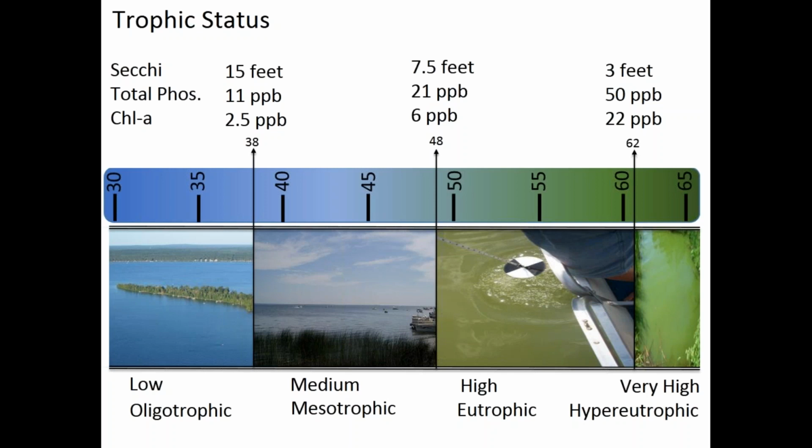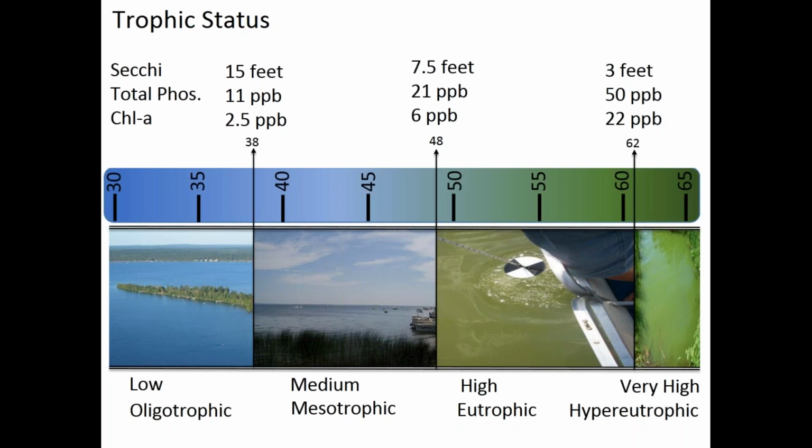It means there's more food for the biota, the fish and the turtles and the amphibians. There's more food available, but it also means you're closer to getting into that hypereutrophic category, that's the danger zone of nutrients that are so high that they can cause algae blooms and eventually fish kills.